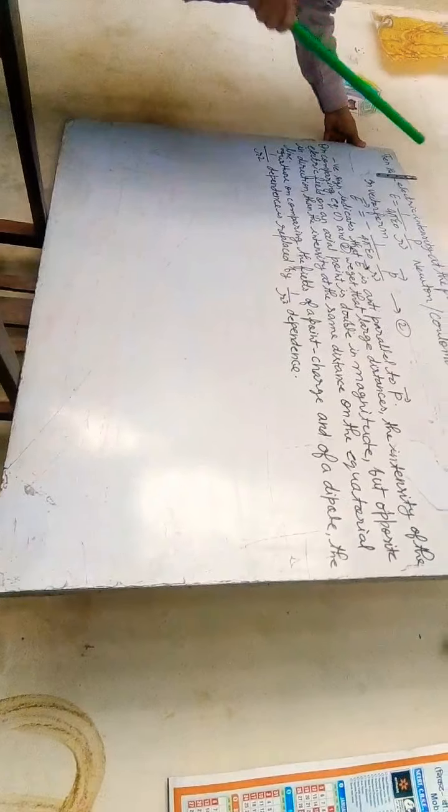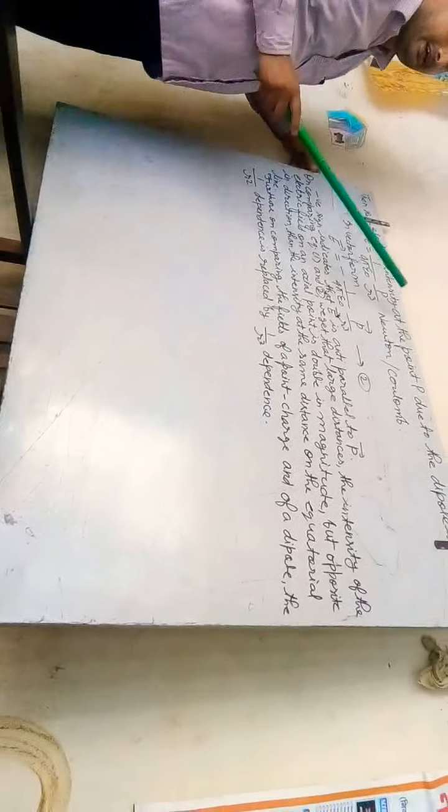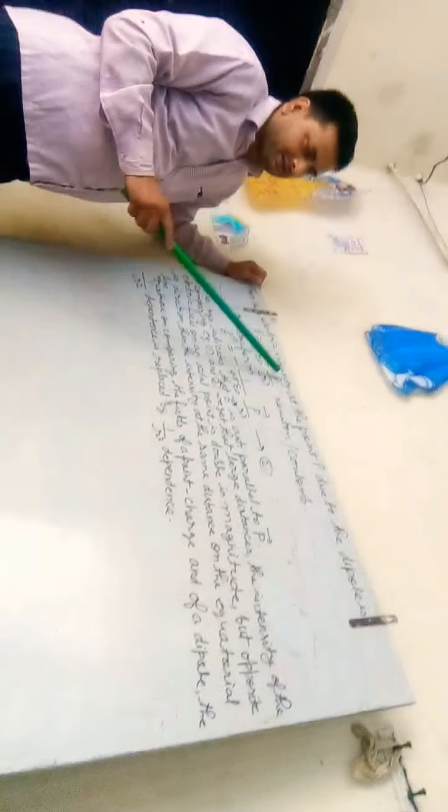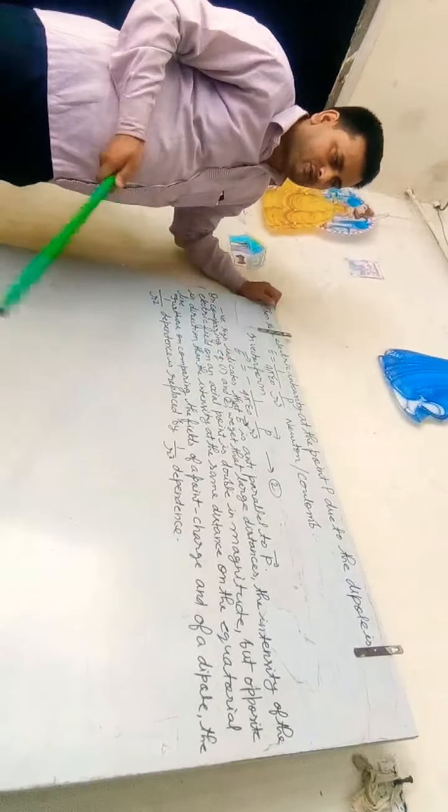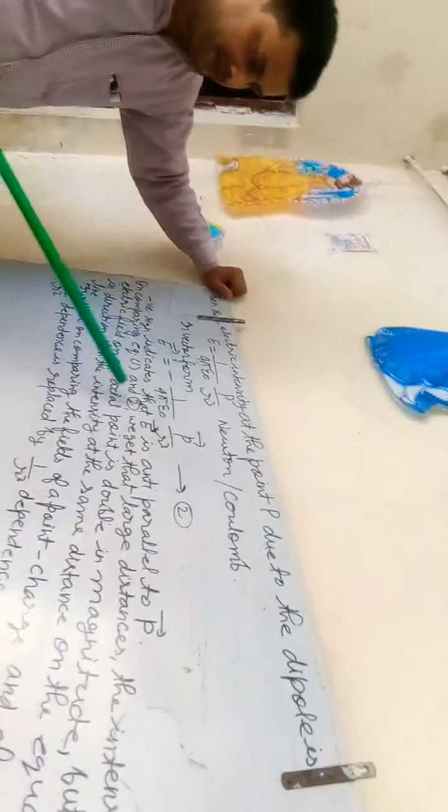Then the electric intensity at the point P due to the dipole is equal to 1 upon 4 pi epsilon 0 p upon r cube Newton per Coulomb. In vector form, vector E equals minus 1 upon 4 pi epsilon 0 vector p upon r cube. This is relation number 2. And the negative sign indicates that vector E is anti-parallel to vector p.